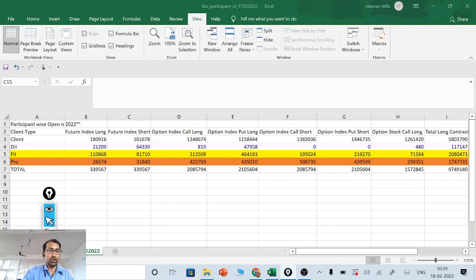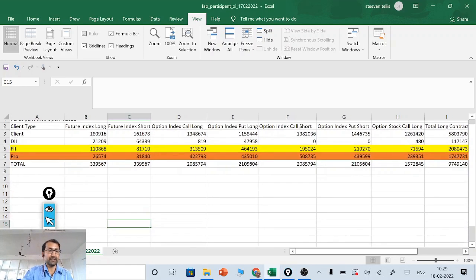FIIs have index option put long positions, and put short hardly anything.